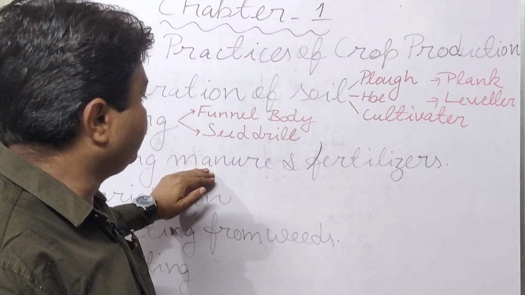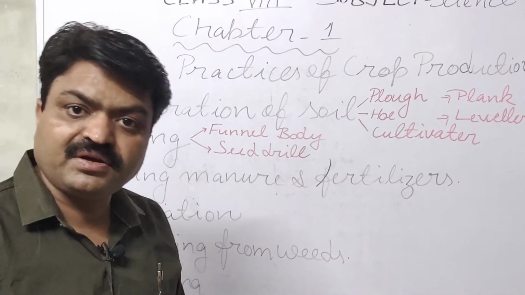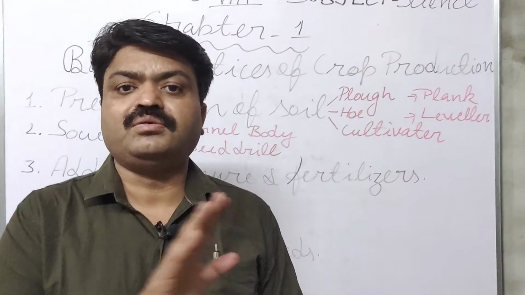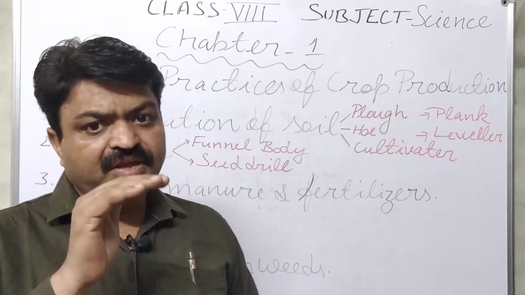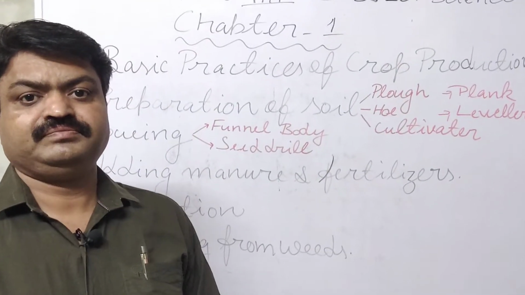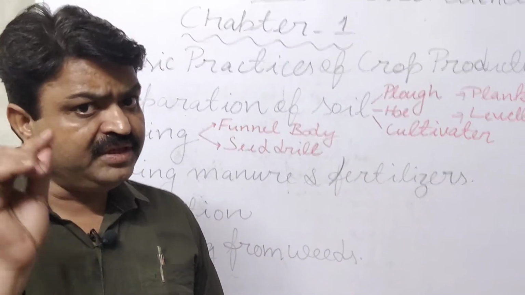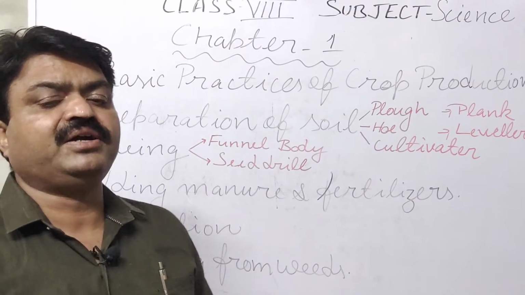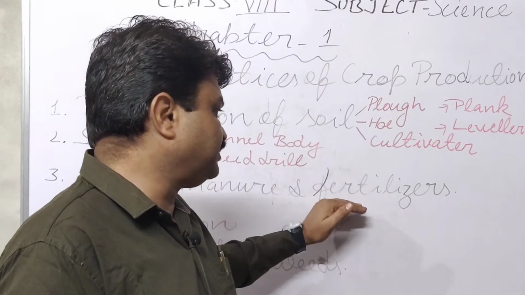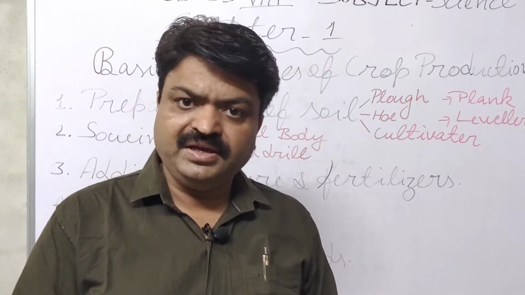Manure is good for the crop, student, because it doesn't harm the crop, and it also provides humus to the soil, and with this it also increases the water percolation rate. But the fertilizers are not as good. Why?